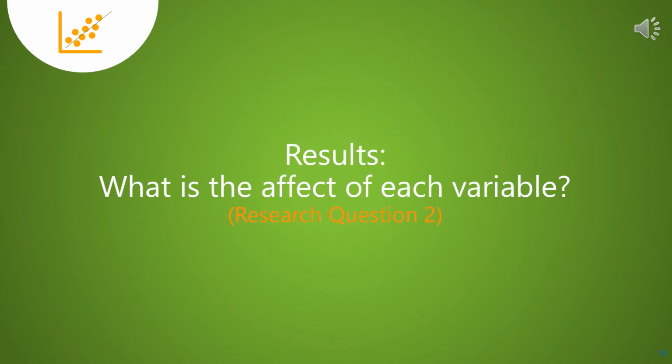So we've answered our first research question, which variables have a significant effect on profit. Now we're going to look at what effect each variable has, our second research question. And the way we're going to do that is we're going to go through each variable one by one and look at the regression model's estimated effect that variable has on profit.